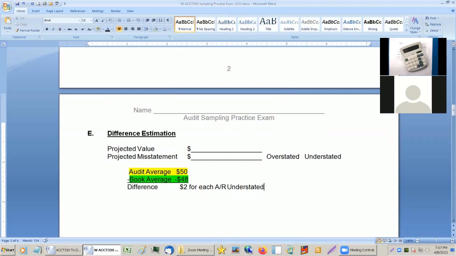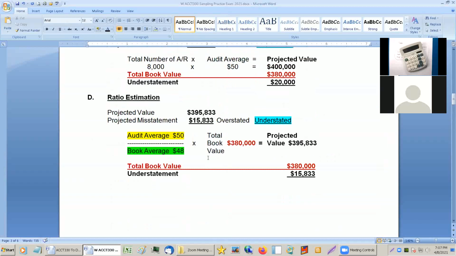Now this method is a little bit different in that it gives you the projected misstatement first.